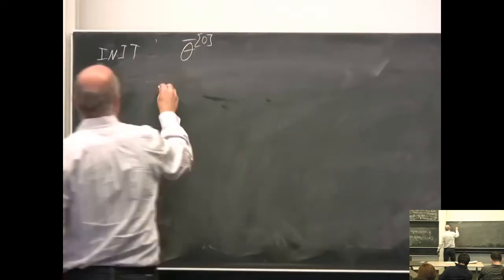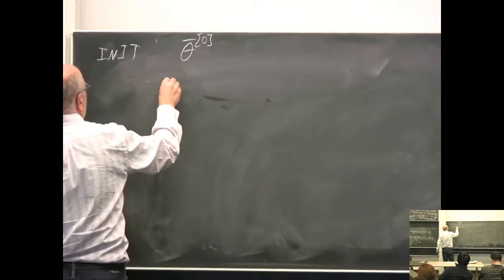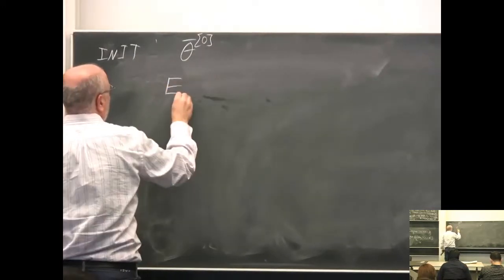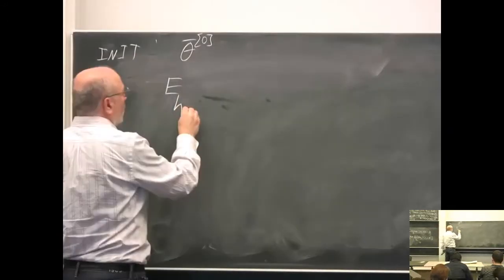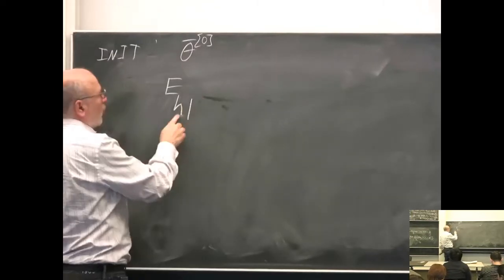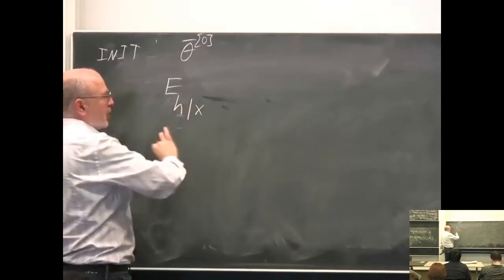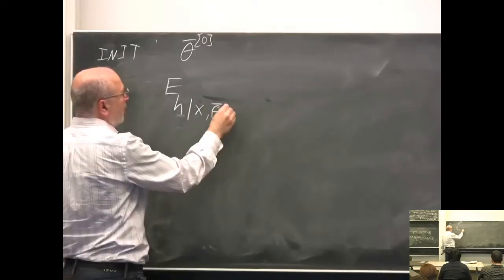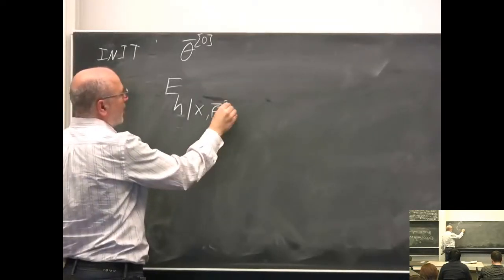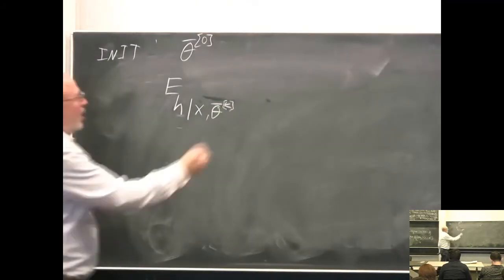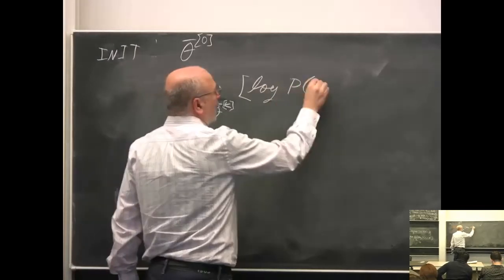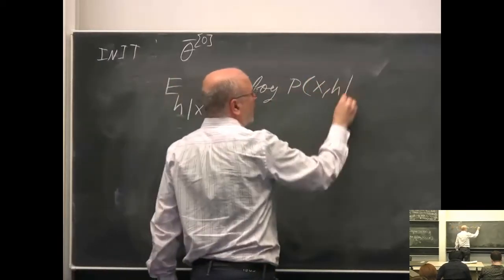And then we're going to calculate the expectation over all possible values of h, conditioned on the data, which is fixed throughout the process, and the tentative values that we have for theta, which I will write here as k. Expectation of the log probability of x and h given theta.